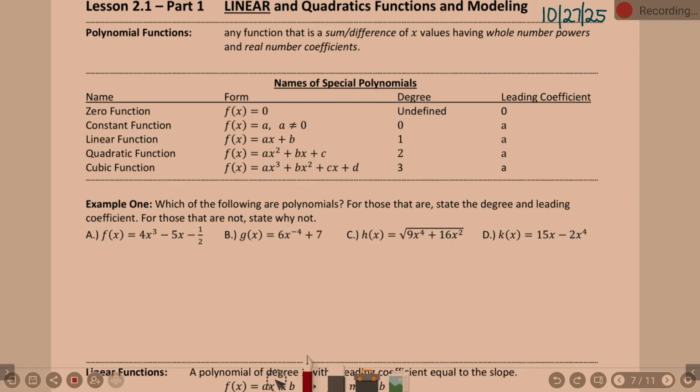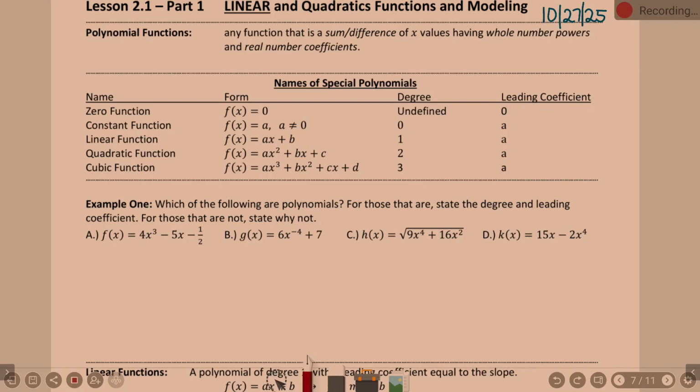Okay, so a little bit of vocab review. Polynomial functions: any function that is a sum and/or difference of x values having whole number powers and real number coefficients. Basically, when we look at multiple terms being added and subtracted together, we're talking polynomials.